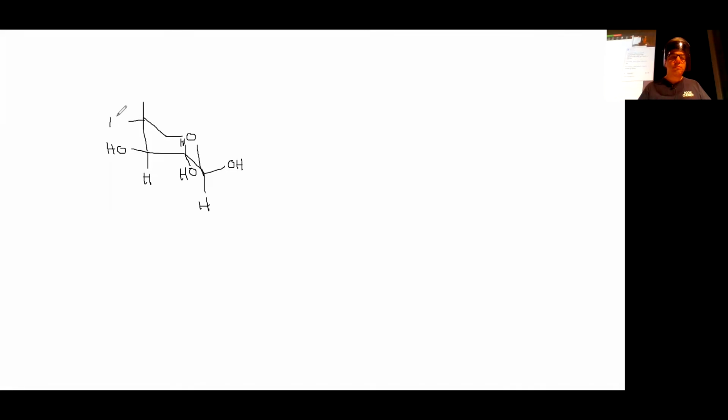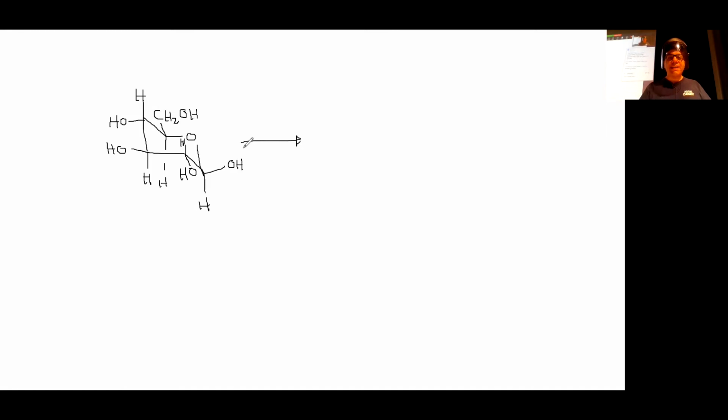So again, all of the hydrogens are axial, and all of the larger non-hydrogen groups are equatorial. These are all going to be OHs, of course. This one too. And then CH2OH in the equatorial position. And then the hydrogen going down here.